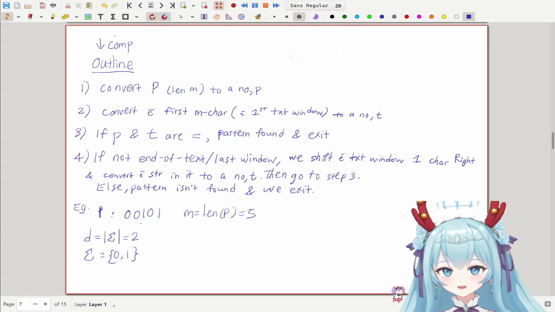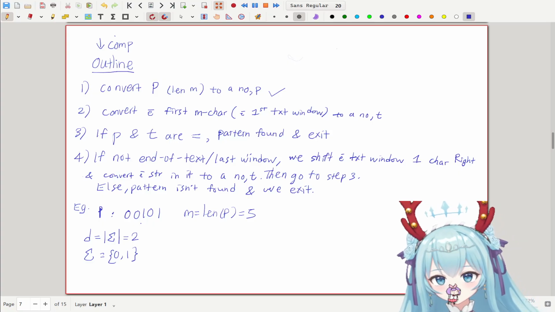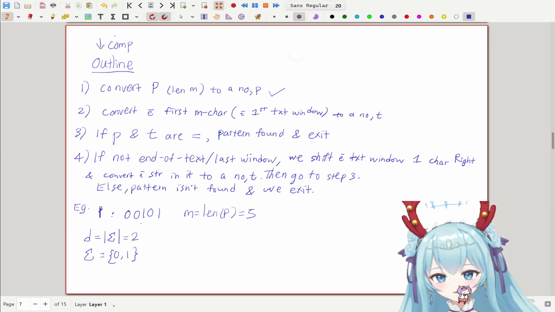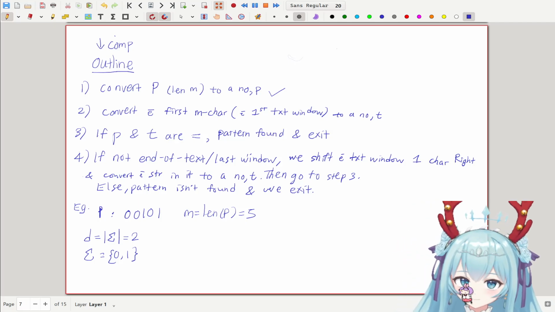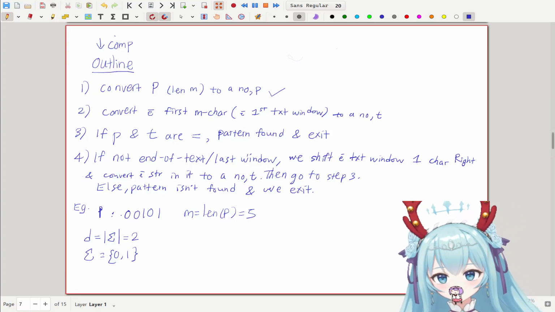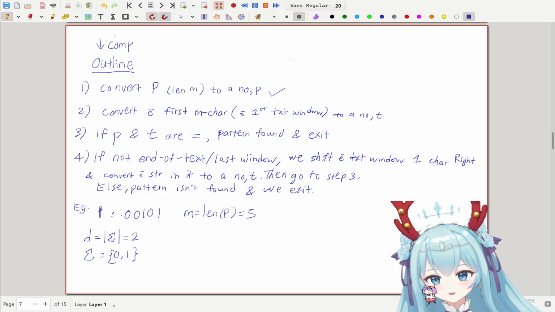Remember we want to do step 1 over here, so we convert p to a number. How to convert this to a number is actually very straightforward. Since this is in binary, we'll just convert it to a decimal number, which is base 10.